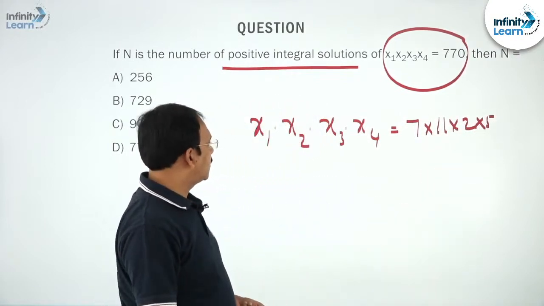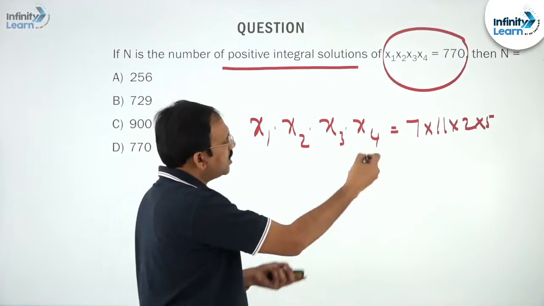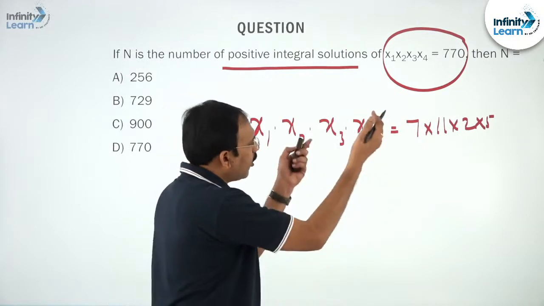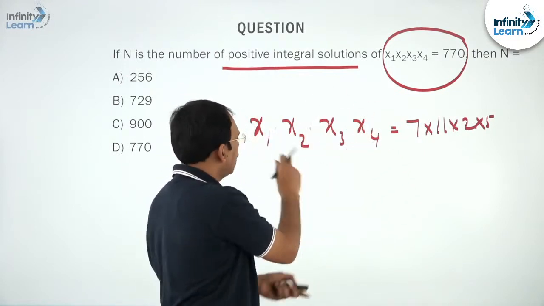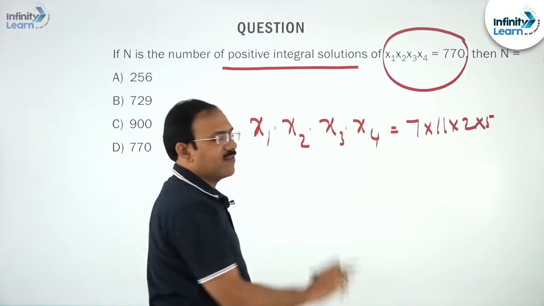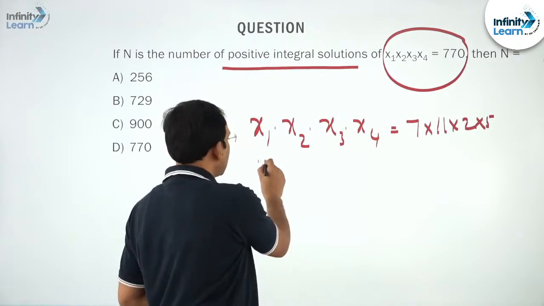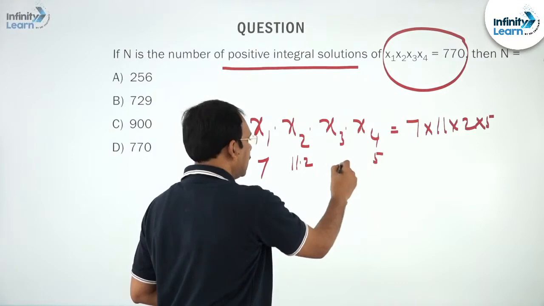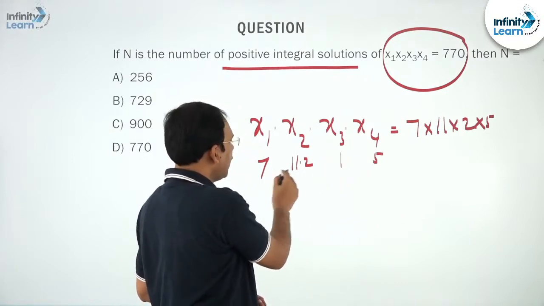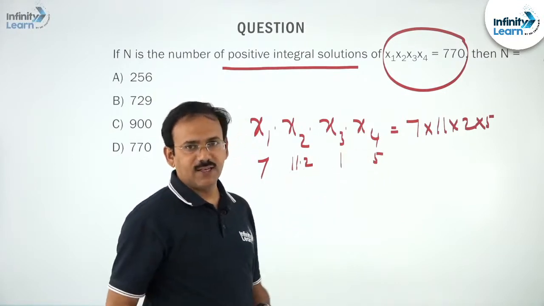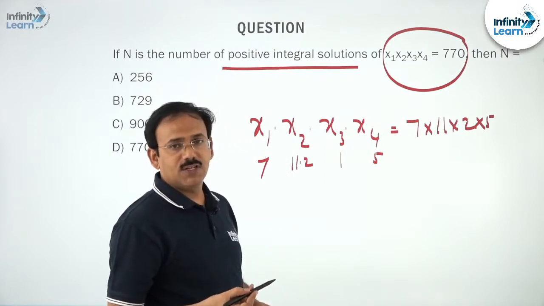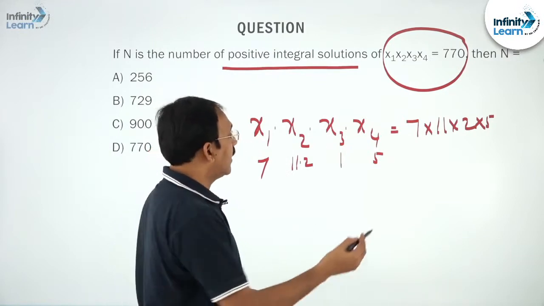Now friends, you have to distribute these 4 prime numbers into 4 boxes. Suppose all the 4 are kept in one place, 1, 1, 1, 770 is the thing. Suppose you kept 7 here, 11 into 2 here and 5 here, that means here it is 1, 7, 22, 5, like that.